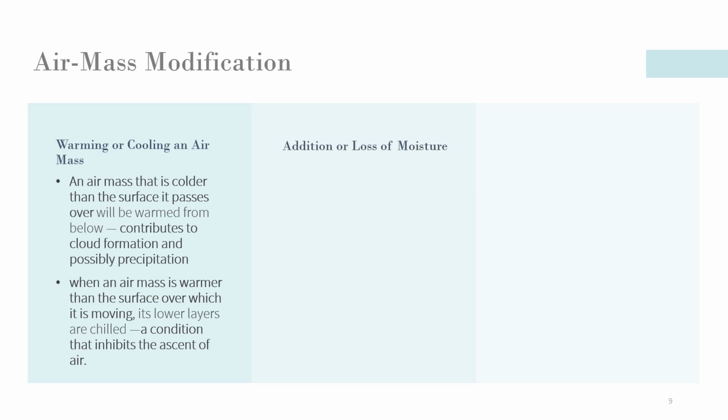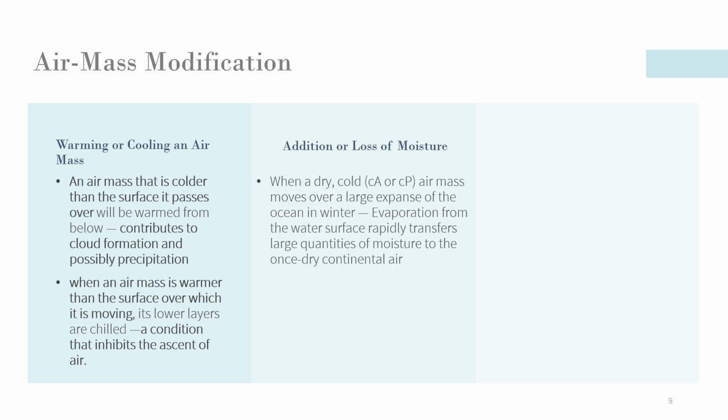Another example is the addition or loss of moisture. Another specific example is when there is a dry, cold air mass that moves over a large expanse of the ocean, especially in winter.